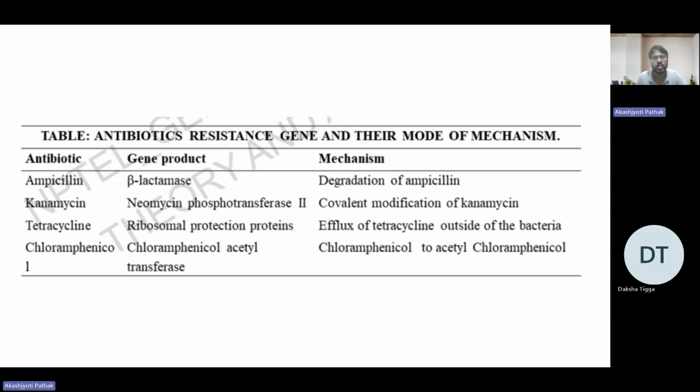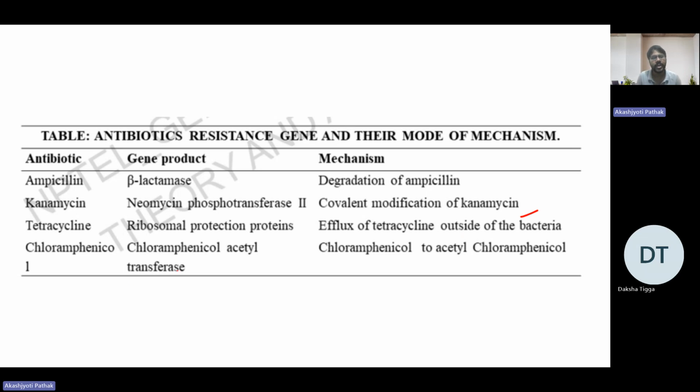Neomycin phosphotransferase 2. What it does is it causes covalent modification of kanamycin. For tetracycline, the resistance gene codes for a ribosomal protection protein, and it causes the efflux of tetracycline outside the bacteria. It will expel the tetracycline outside the bacterial cell.